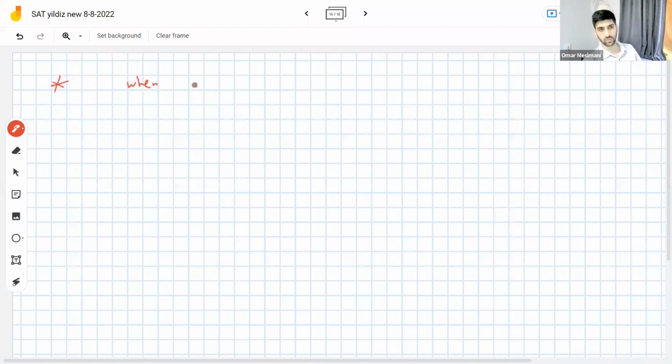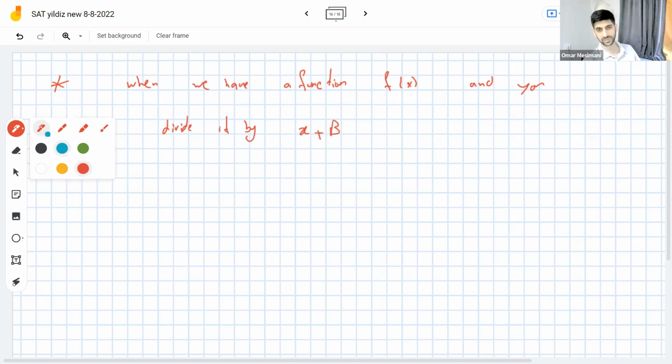When we have a function, when I have a function fx, and you divide it by, let's say, x plus a value. I don't care. Okay, x plus b. Listen carefully, everyone.